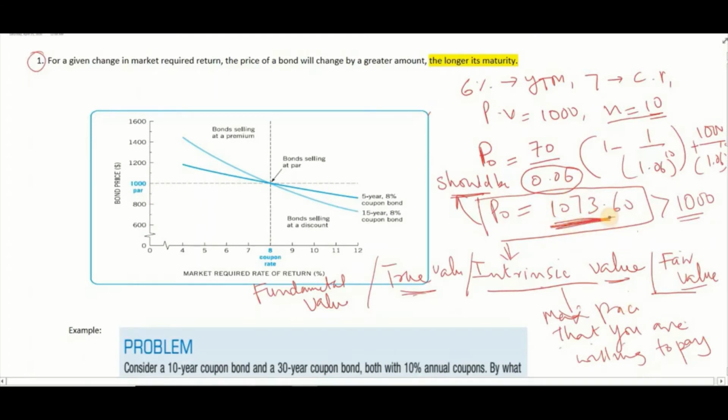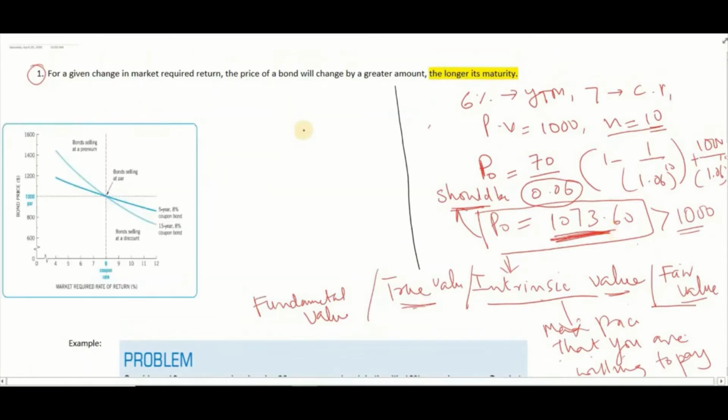This is an important point. Now what I'm going to tell you. Okay, now you have got your intrinsic value, right? That is the maximum that you can pay, and then there is another thing that is happening in the market, in the bond market.